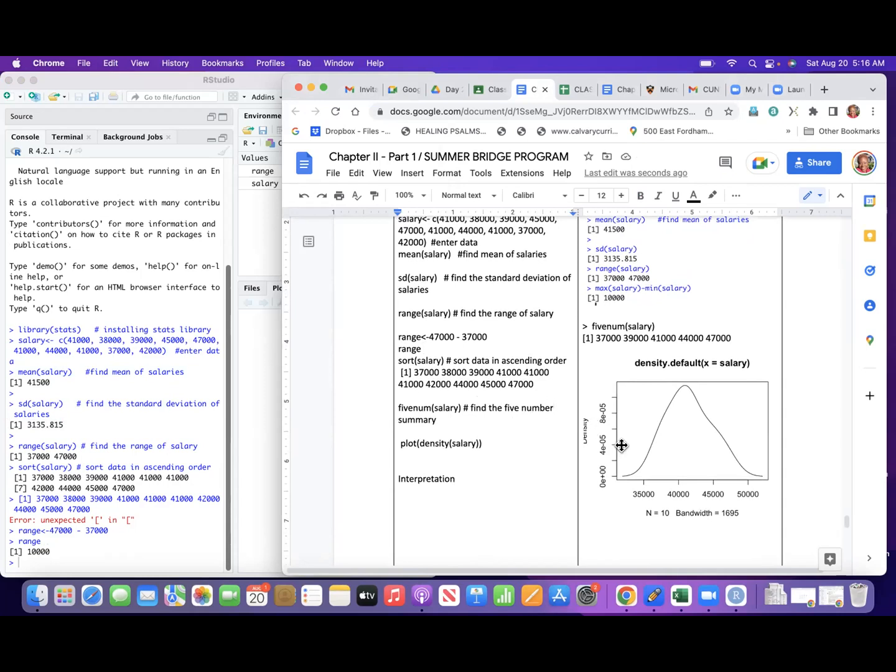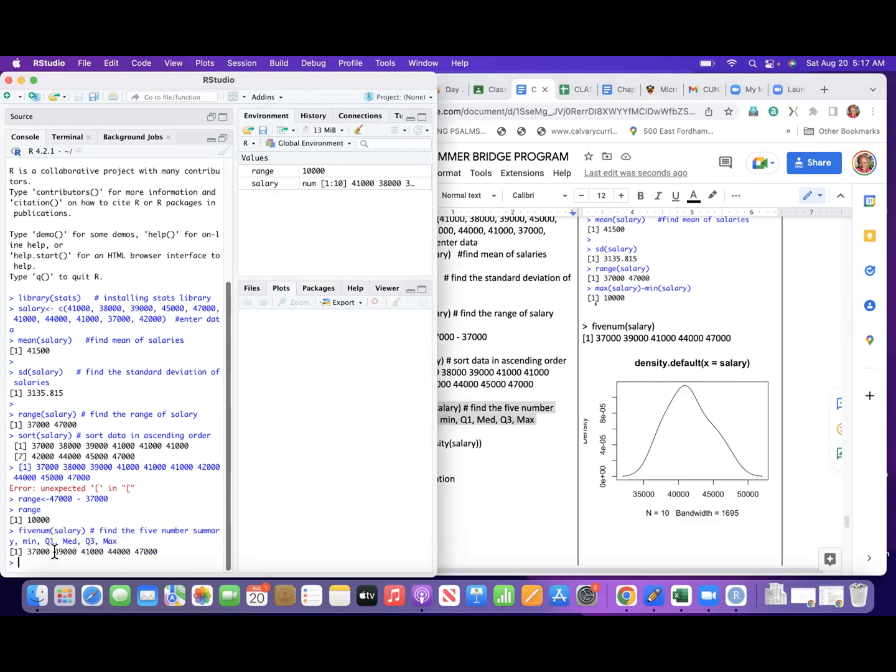The 5-number summary will get you the minimum, Q1, that's your 25th percentile, your median, which is your 50th percentile, your 75th percentile or Q3, and then your maximum. So let's plug that in here and let's see what it gives us back.